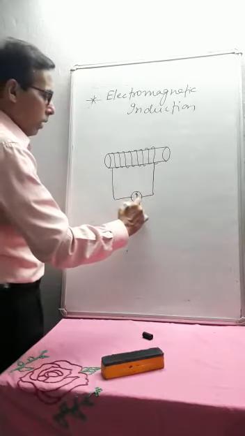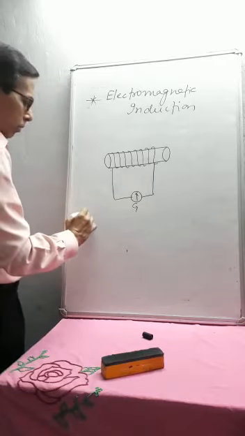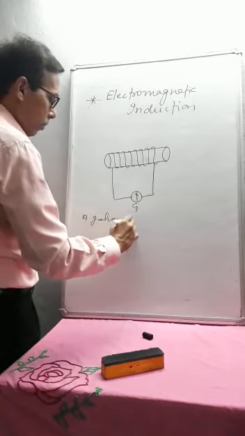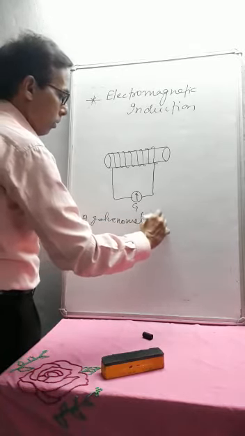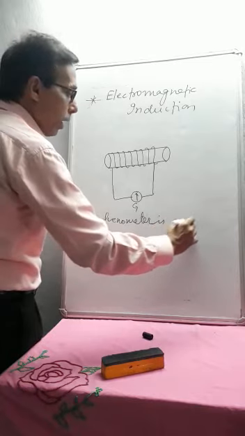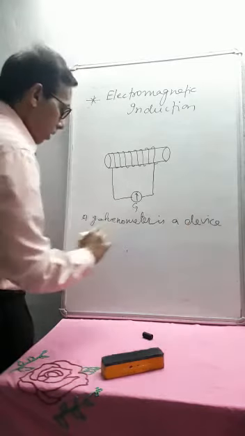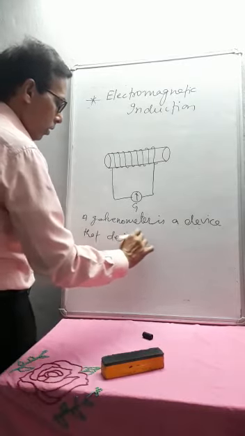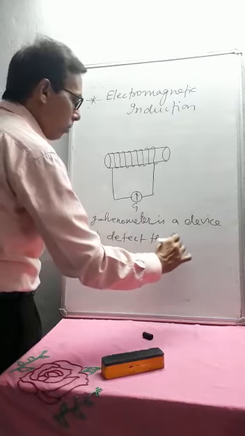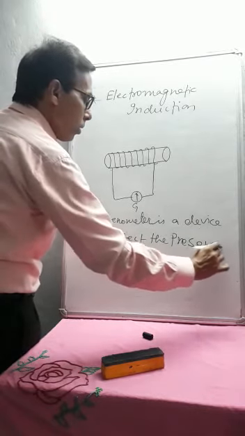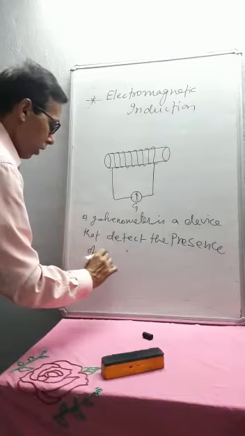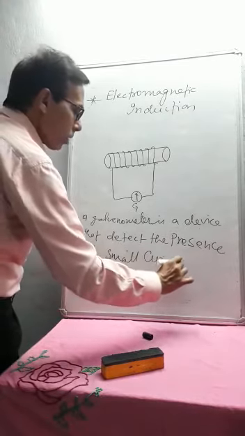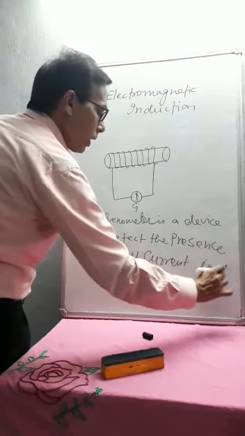This is a galvanometer. What is a galvanometer? A galvanometer is a device that detects the presence of a small current in the circuit.